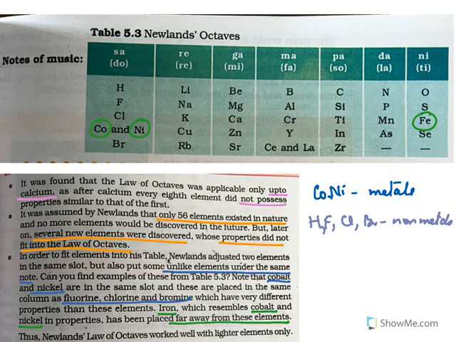And this Newland law of octaves worked well with lighter elements till calcium, and after calcium it did not work. So as the heavier elements came in, it did not work. But there was an advantage of Newland over Dobereiner. Newland's law of octaves included many more elements as compared to Dobereiner's triads.